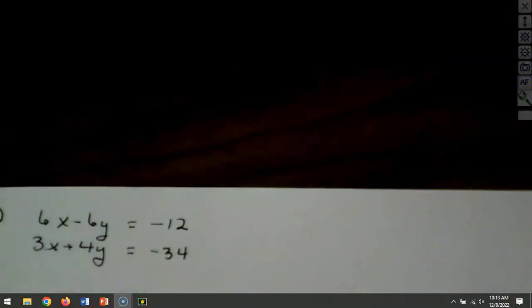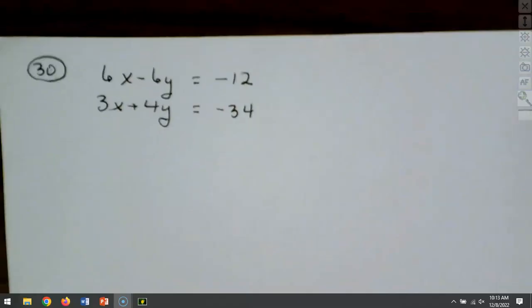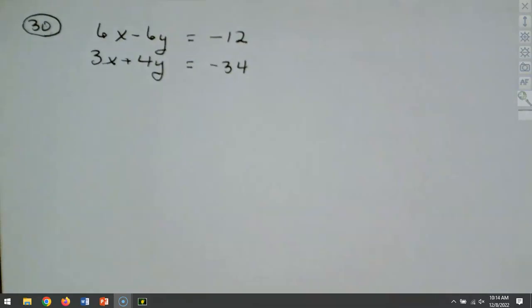The easiest way is probably going to be elimination. You can use Cramer's rule if you would prefer. Substitution would be the hardest. You can use either Gauss-Jordan or elimination, those are basically the same, or you can use Cramer's rule. I would probably recommend elimination just because it's the easiest and it's the one that you're least likely to make a mistake.